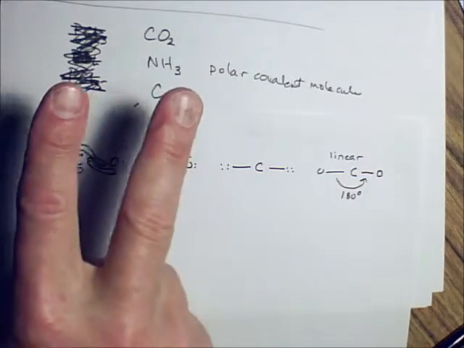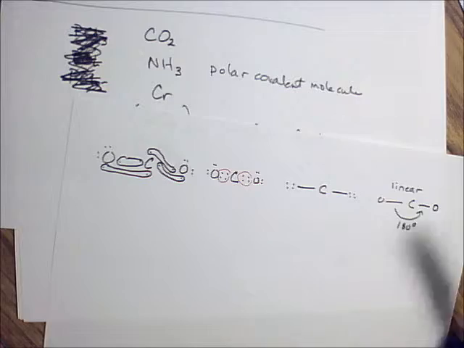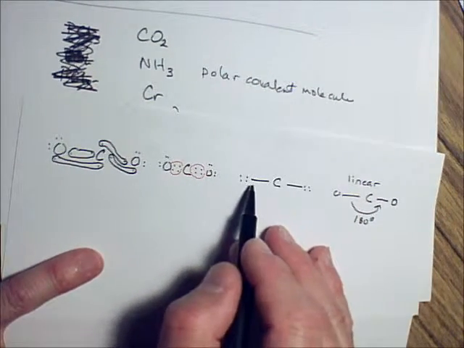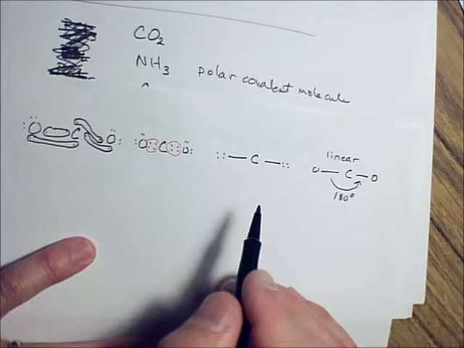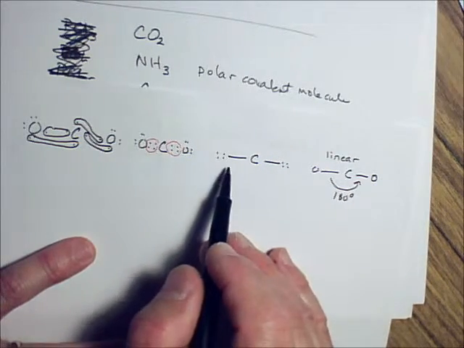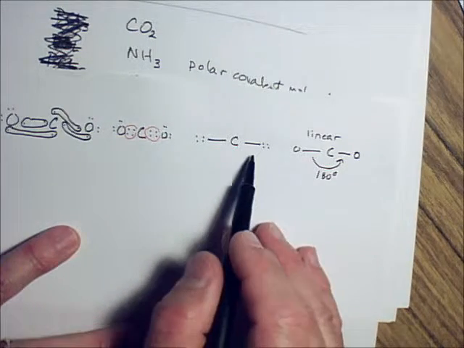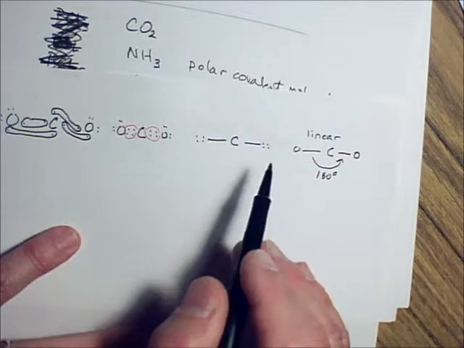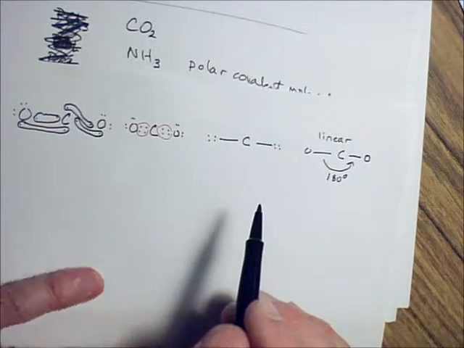Remember, sets can be 2 electrons or 4 or 6. Okay? So the three-dimensional arrangement that gets 2 sets as far apart as possible is 180 degrees. That's a linear electron pair shape. And so now we're going to replace the shared electrons with the atoms that go on there, and we have a linear molecular shape. Okay?